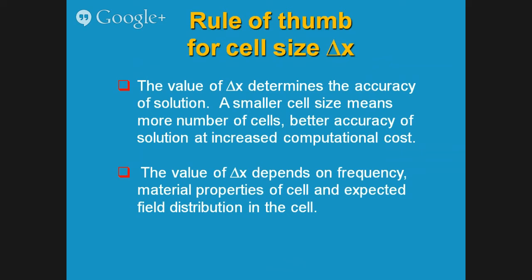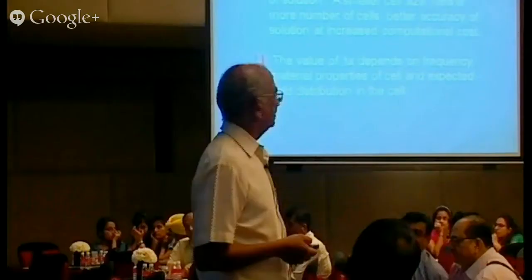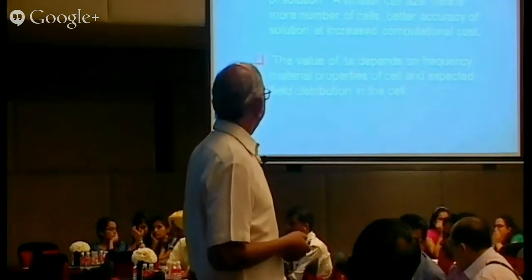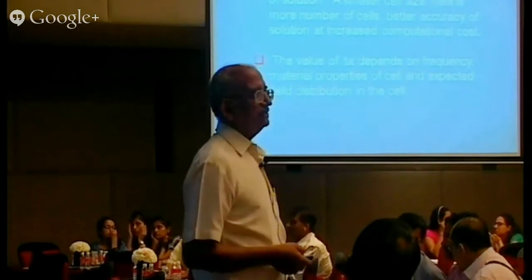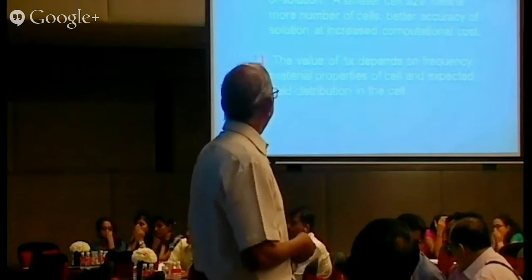In fact, we are coming to the rule of thumb. The value of delta x depends on the frequency, because normally we put it as delta x by lambda, a normalized value. It depends on the material properties and the expected field distribution in the cell, these three parameters.